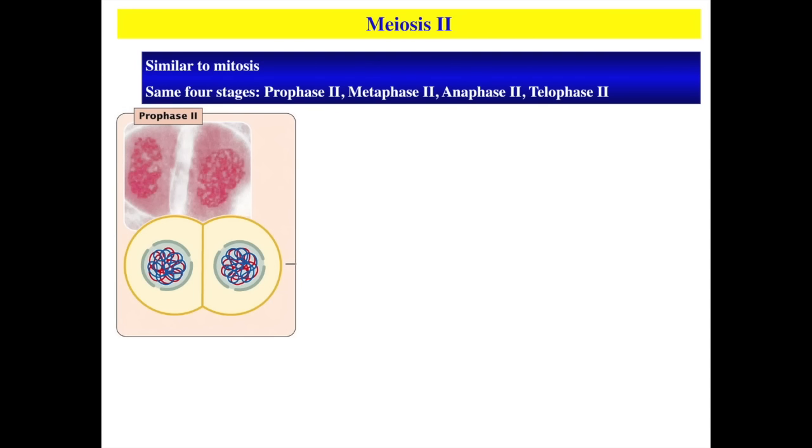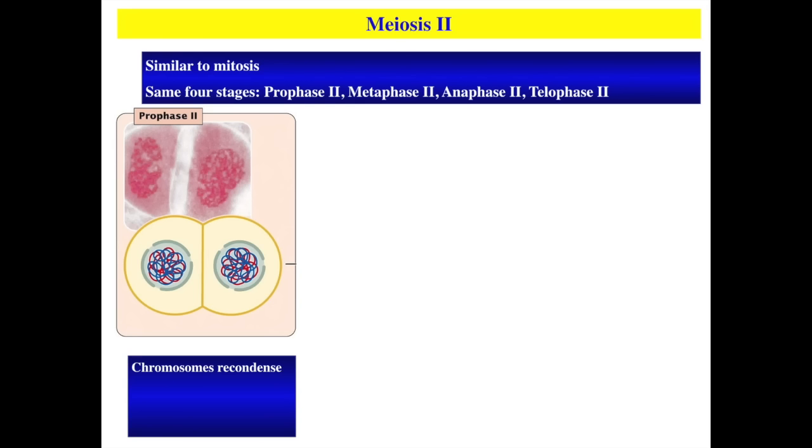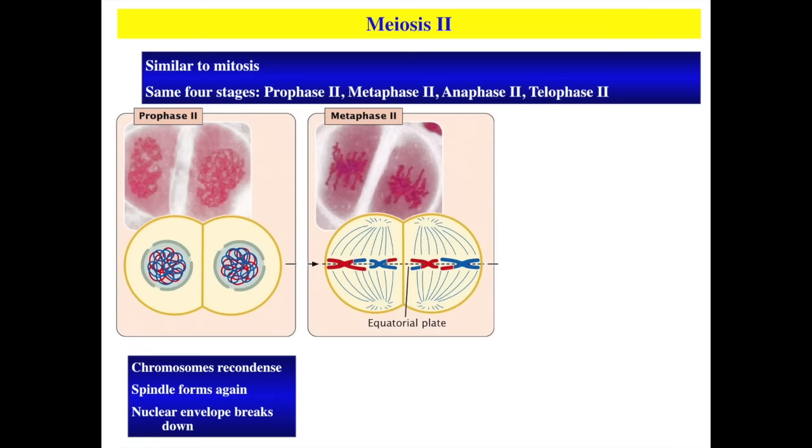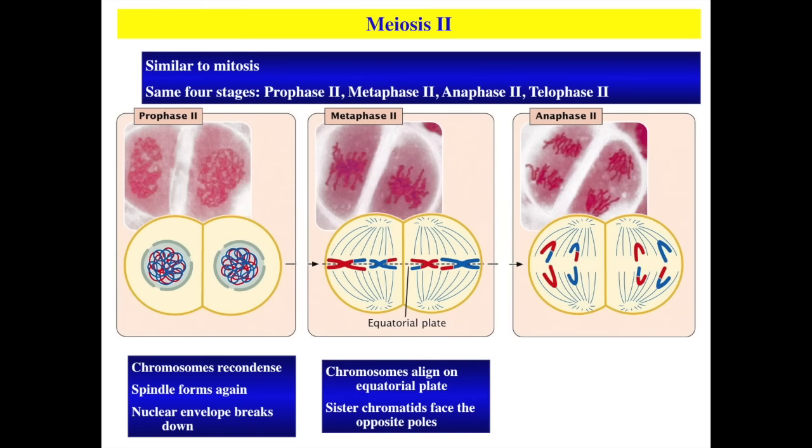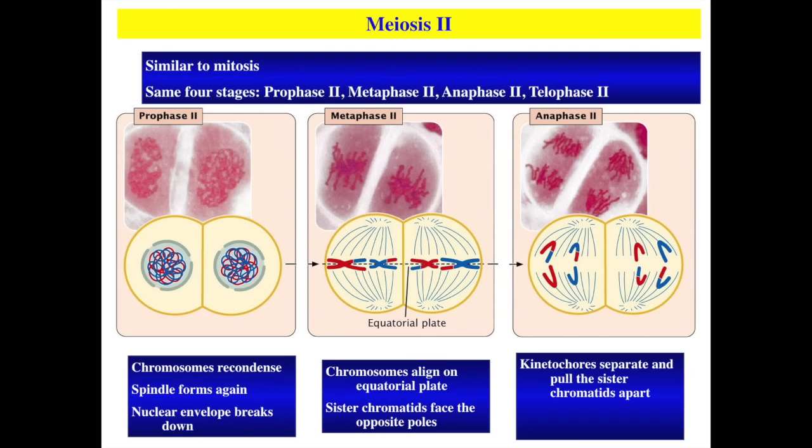In prophase II, the chromosomes recondense, the spindle forms again, and the nuclear envelope breaks down. In metaphase II, the chromosomes align on the equatorial plate, and sister chromatids face the opposite poles. This prepares them for separation in anaphase II, where the kinetochores separate and the sister chromatids are pulled apart.